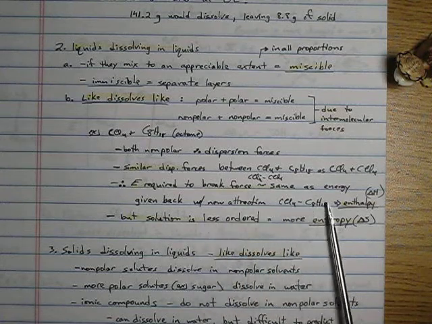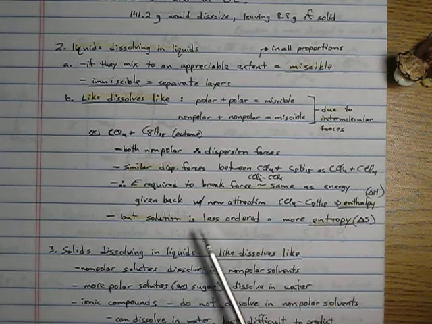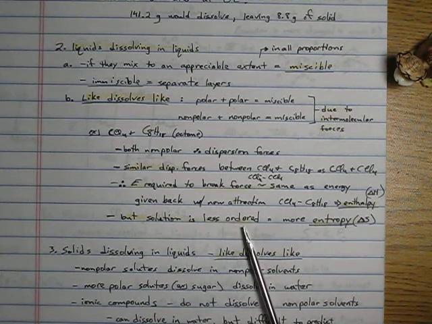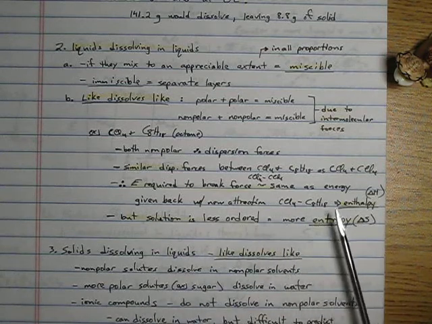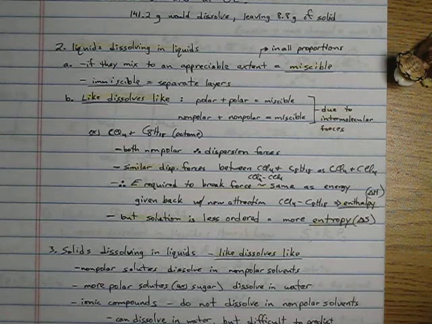However, when the carbon tetrachlorides and the octanes are completely mixed together, the solution has less order to it. The energies can be spread out. Therefore, the mixture has more entropy, and that's what will drive this mixing process.